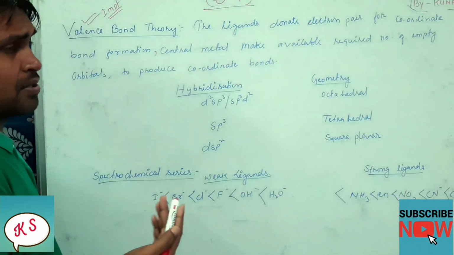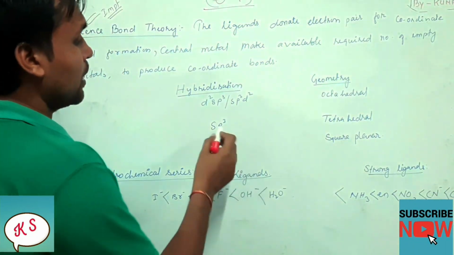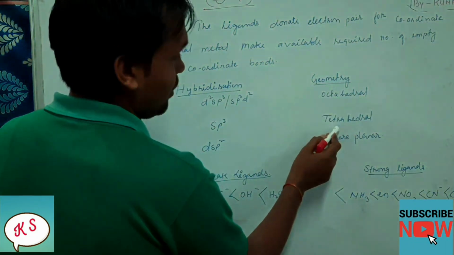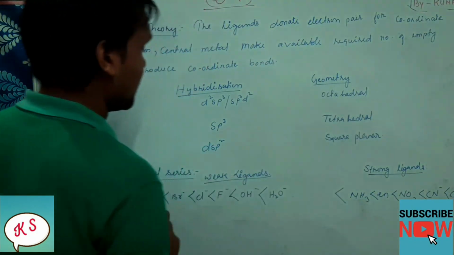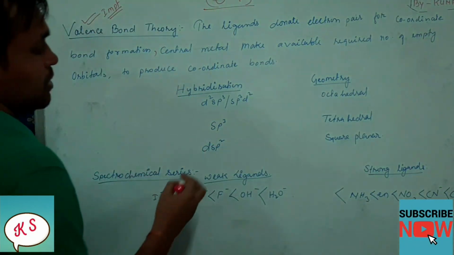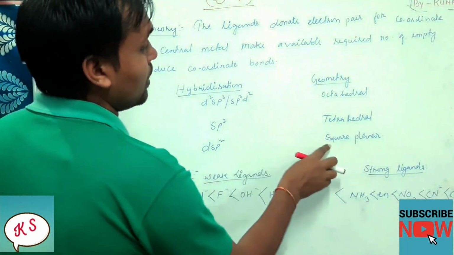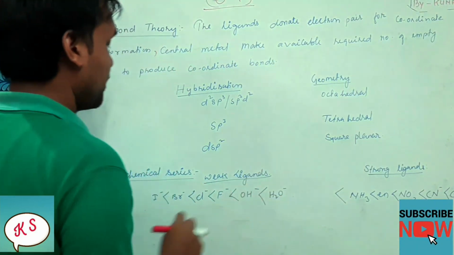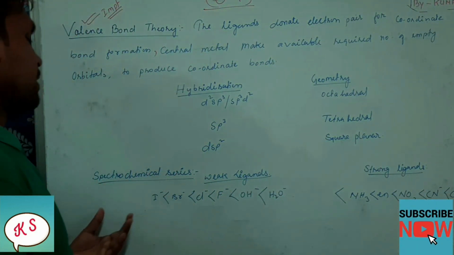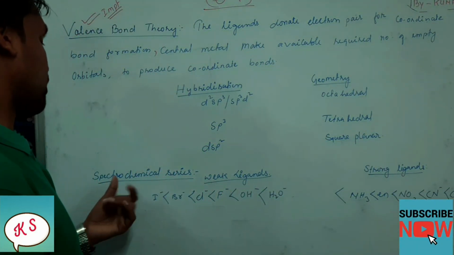If the hybridization is sp3, the geometrical structure will be tetrahedral. And if the hybridization is dsp2, then the geometrical structure will be square planar. Remember this, students.